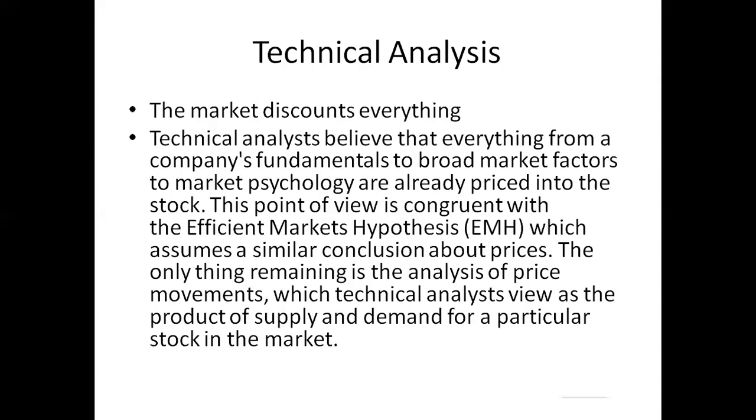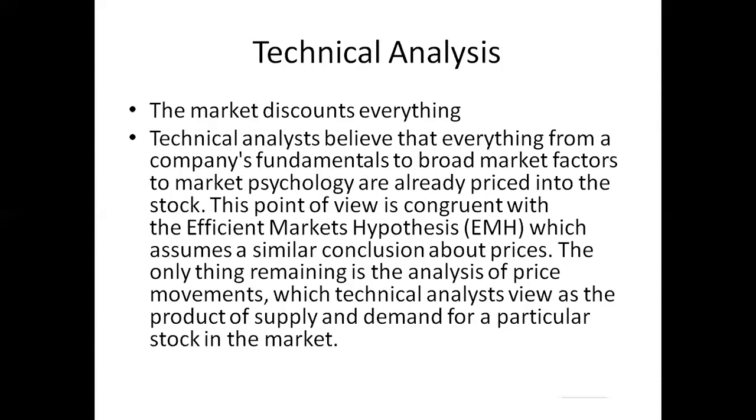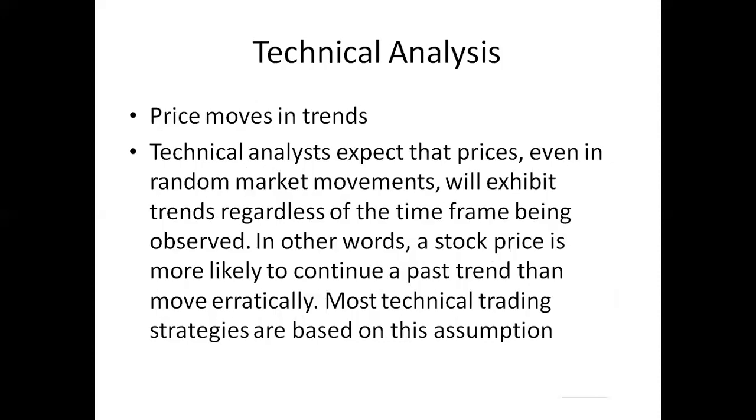Now this was the random walk theory, that is, price movement is not dependent on the company itself, because everything is known to everybody, and so the price movement is generally random, or it has no specific reason behind it. So it's the random walk hypothesis, and this is the efficient market hypothesis.